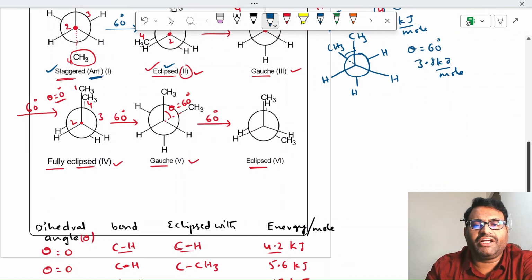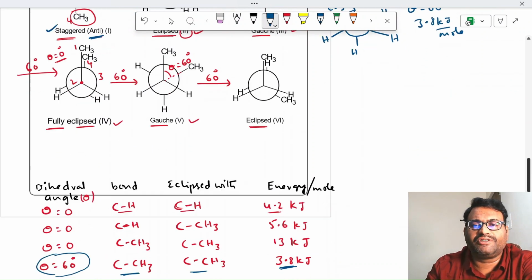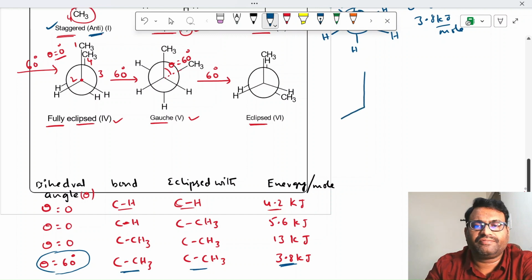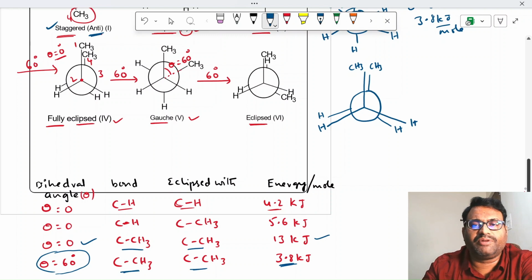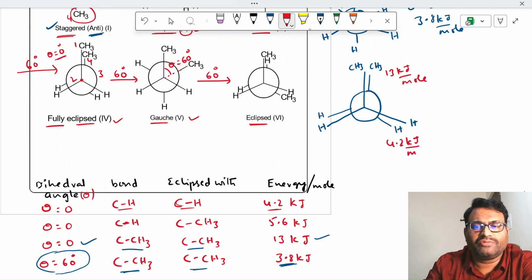Next, let us go with the fully eclipsed form. In fully eclipsed, this is CH3, CH3, H, H, H, and this is the fully eclipsed conformation. CCH3, CCH3 with theta equal to 0, then the energy increase will be 13 kilojoule per mole. Here 4.2 kilojoule per mole, and here 4.2 kilojoule per mole.